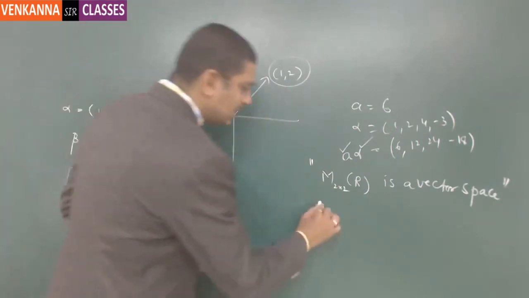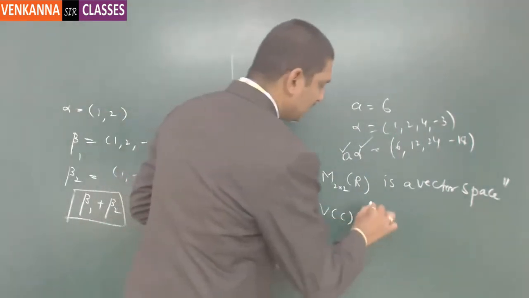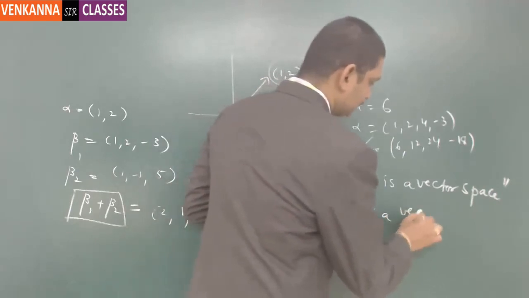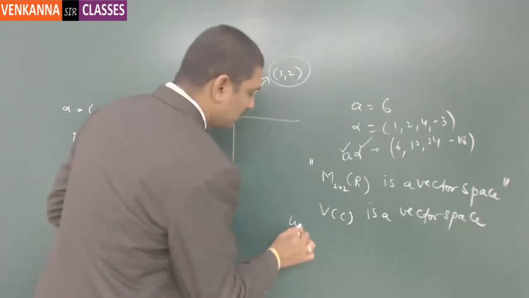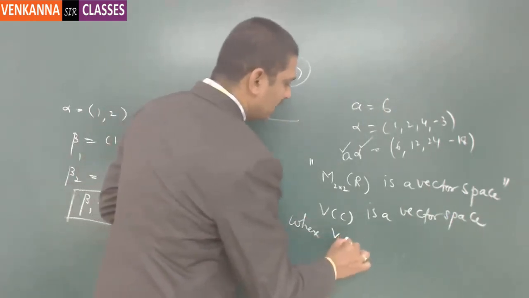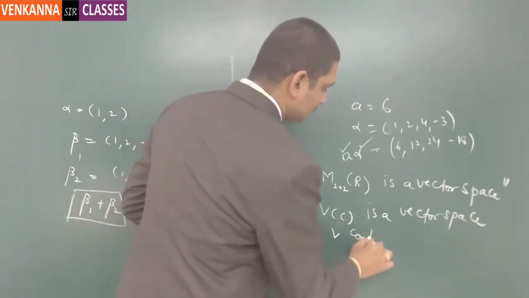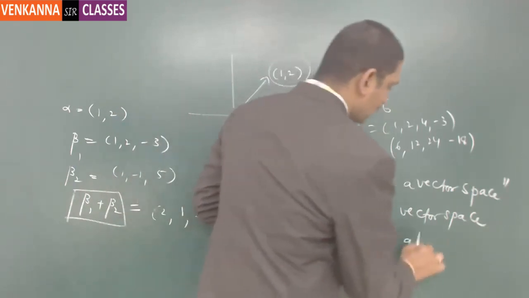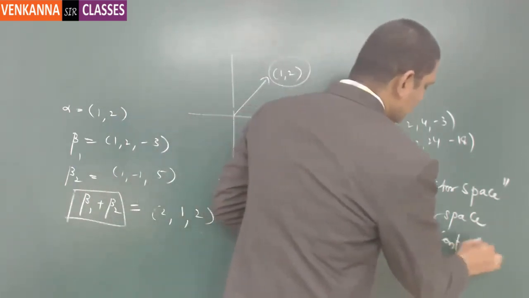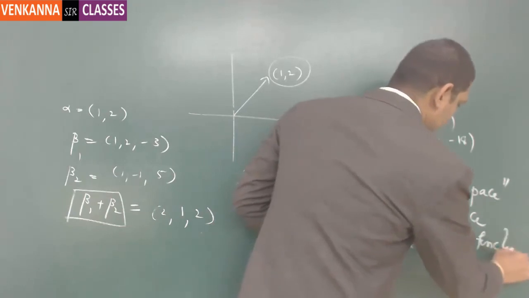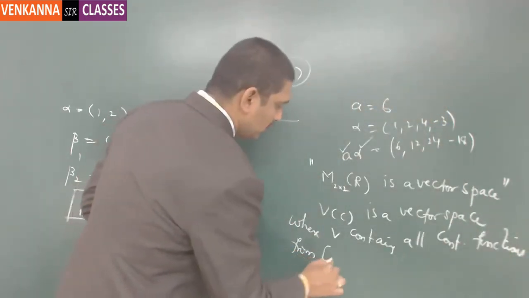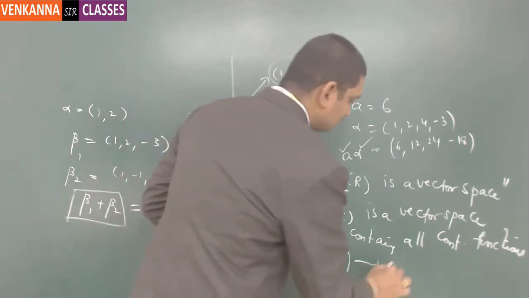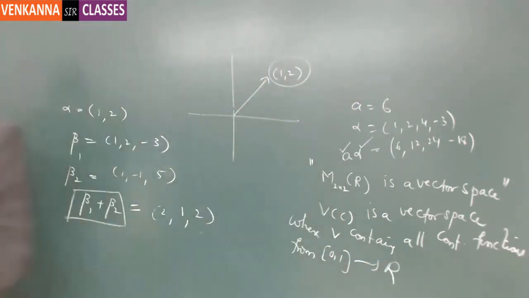So if I have written that V of C is a vector space, where V contains all continuous functions from the closed interval 0, 1 to R, here C stands for the complex numbers.